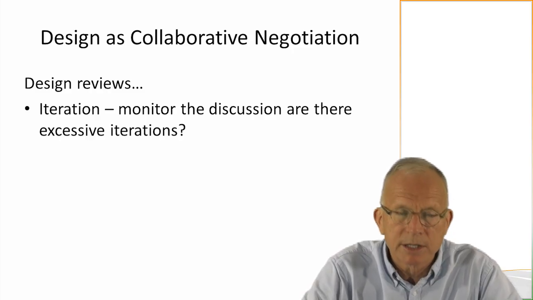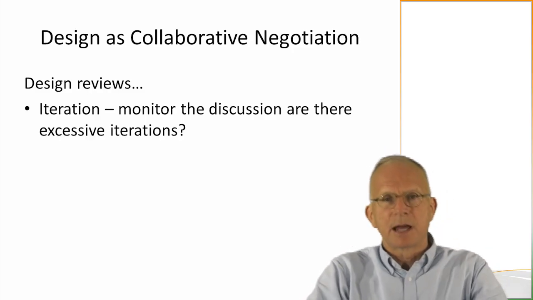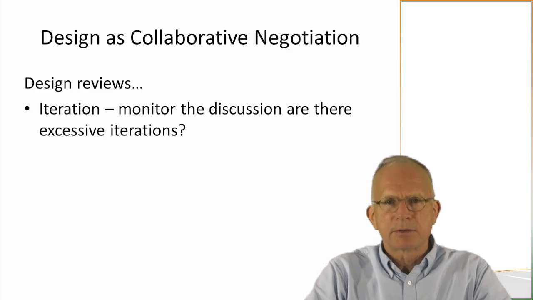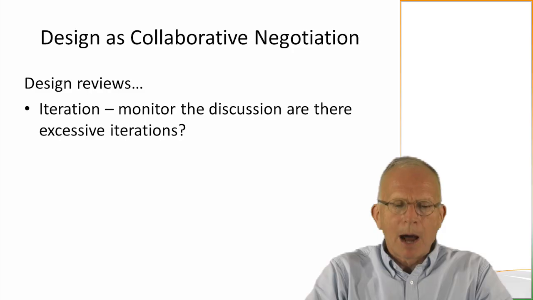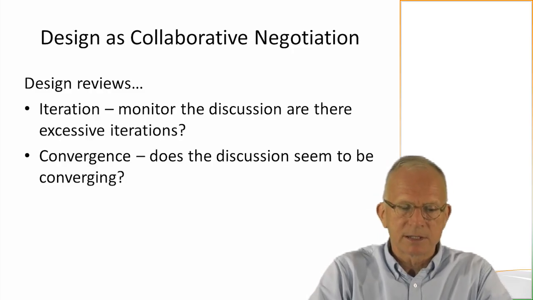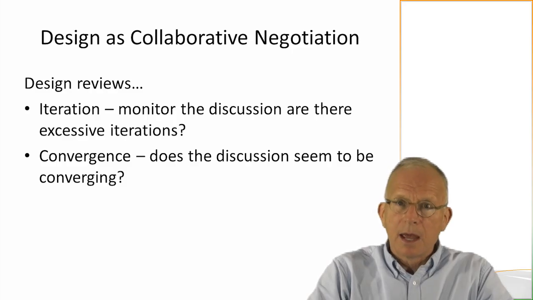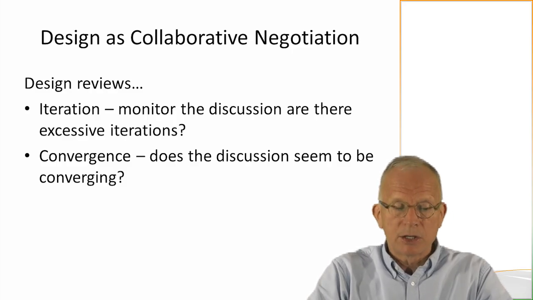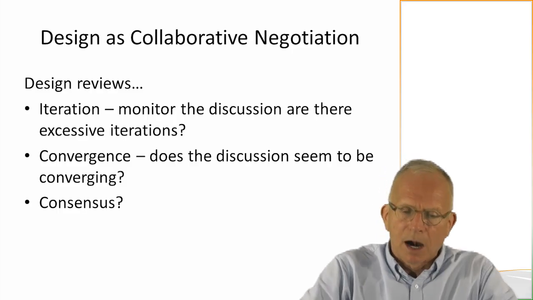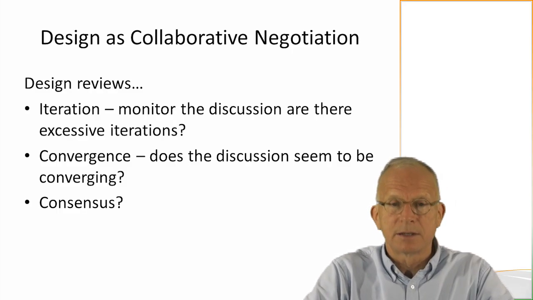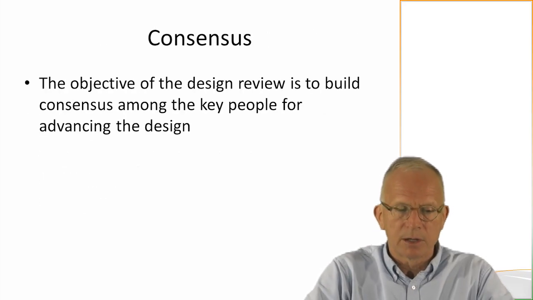One of the things axiomatic design is supposed to do is keep us from doing non-productive iterations. So we want to monitor the discussion and see if we have excessive iterations, and whether the iterations are leading very quickly to convergence or not. Are we reaching a consensus? That's often the objective we're trying to achieve.